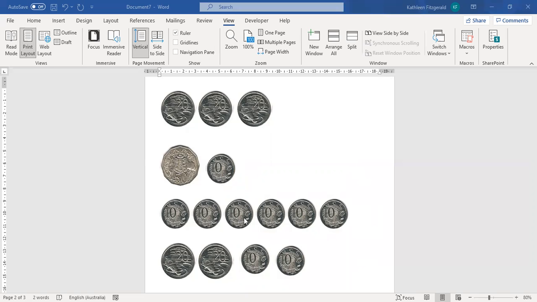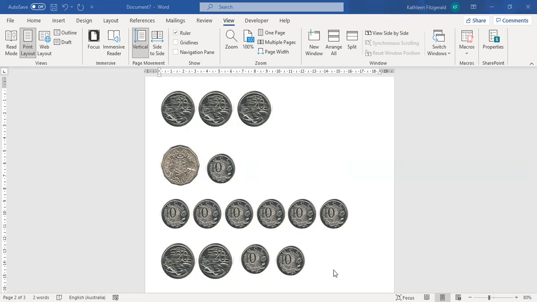We could have 6 lots of 10 cents, or we could have 2 20 cents and 2 10 cents. I haven't even gone into details such as having 1 20-cent and 4 10-cents, or having 5-cent pieces in any of this, because there are so many combinations, and that is just to make one amount of 60 cents. So there are a large number of ways that we can put those amounts together for whatever it is that we're buying.